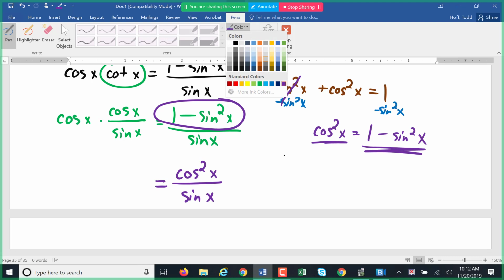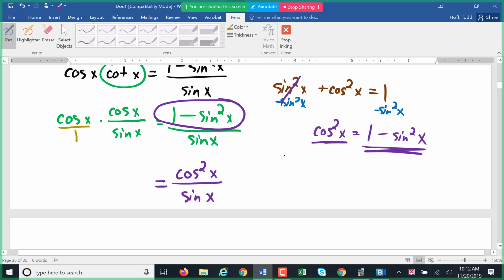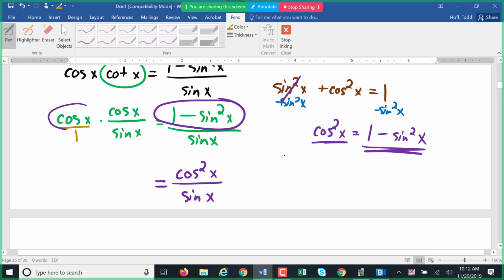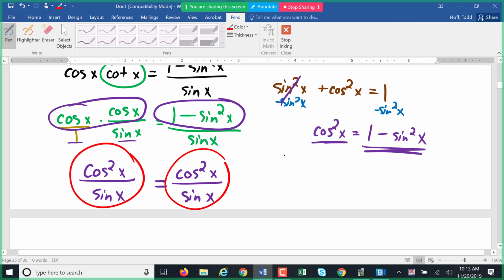On the left side, if I write this cosine as cosine x over 1, and then I do my multiplication, cosine x times cosine x is cosine squared of x. 1 times sine x is sine x. And there we are again. We have the exact same expression on both sides. Cosine squared of x over sine x.